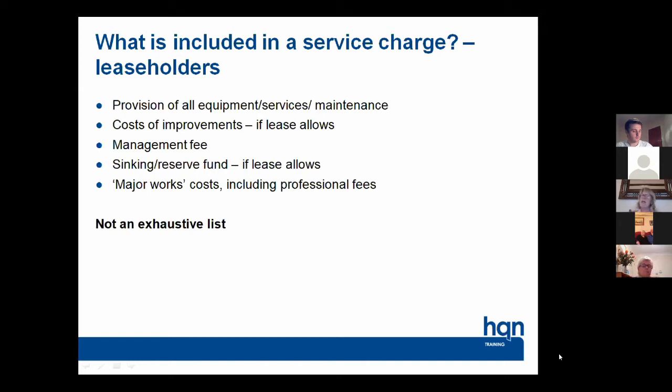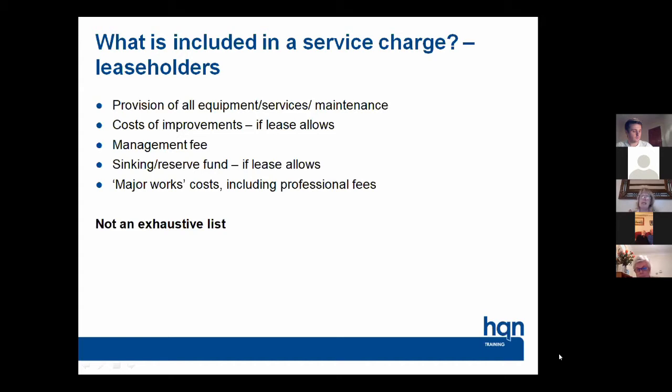If the lease allows, it will allow the landlord to recover an amount that they can keep in a fund and use that fund for long-term planned works, what we were referring to last night as major works, things that happen at a longer frequency. For instance, cyclical works perhaps, decoration, re-roofing, replacing things like lifts, etc.